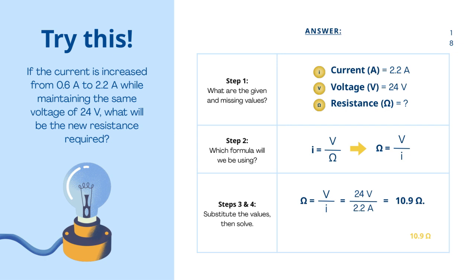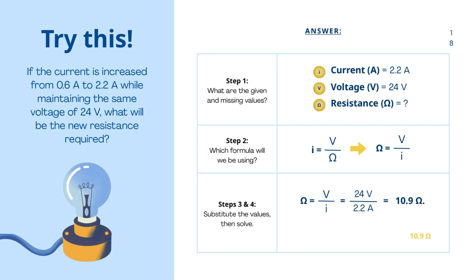So in step 1, we identify our given values. Voltage is 24 volts, current is 2.2 amps, and the missing value is resistance, which we need to find. In step 2, we decide to use the formula resistance equals voltage divided by current. Then, in steps 3 and 4, we substitute the known values into the formula. Resistance equals 24 volts divided by 2.2 amperes.